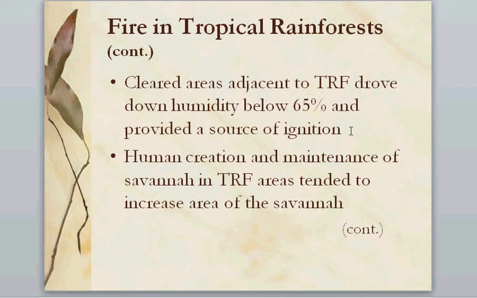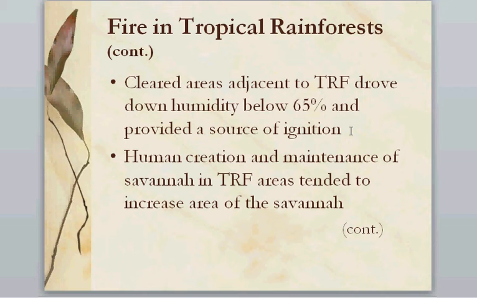And if the humidity has been below 65% for an appreciable period, there will be enough leaf litter which is dry enough to emit combustible gases and to burn. And this is particularly the case in cleared areas in tropical rainforests. So humans may clear a patch in a tropical rainforest to plant some crops.